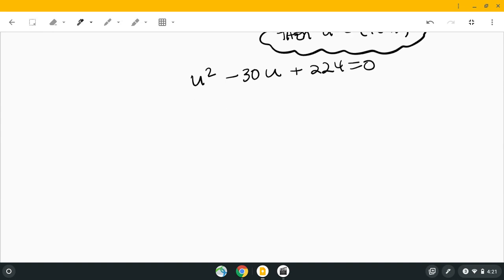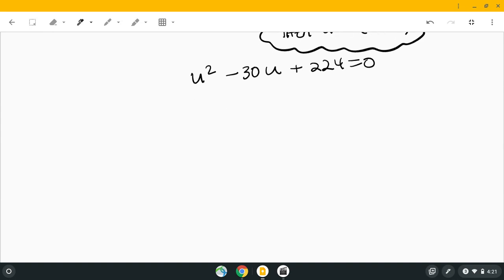Okay, so we've got some pretty big numbers here. If this takes you too long to try to figure out how to factor this, then you can always use a quadratic formula. Okay, so just keep that in mind.